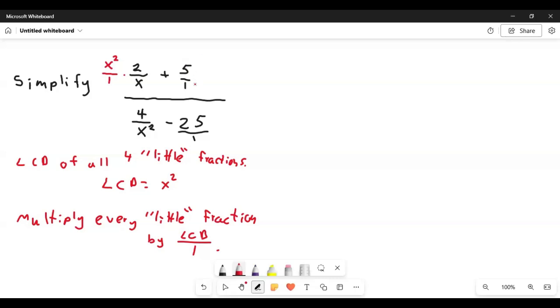The second fraction gets multiplied by x squared over 1. The first fraction at the bottom gets multiplied by x squared over 1, as does the second fraction on the bottom.